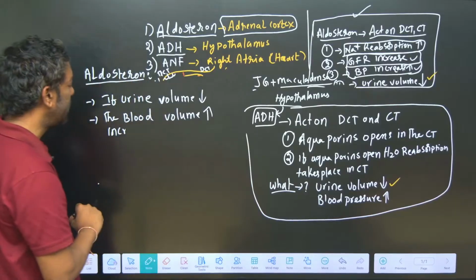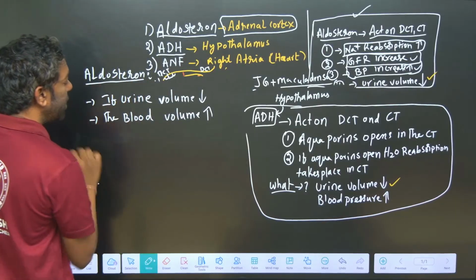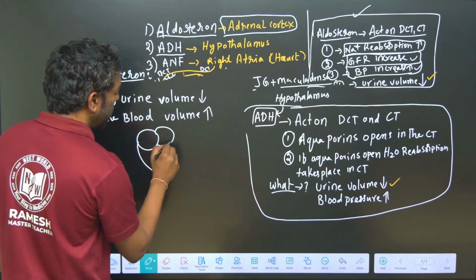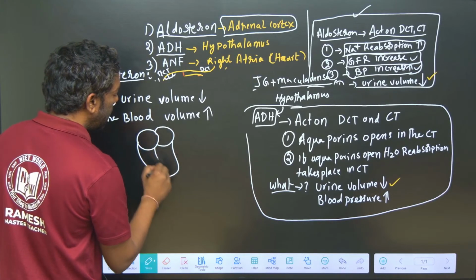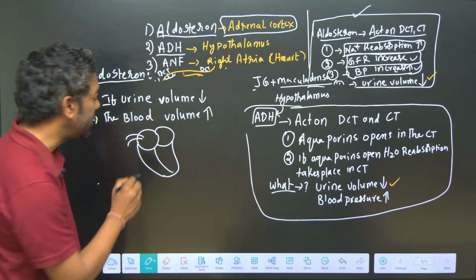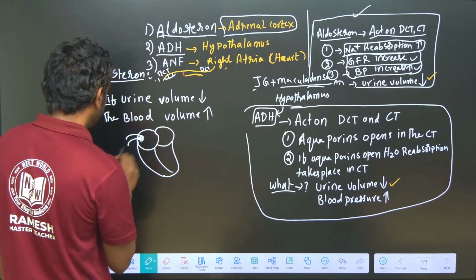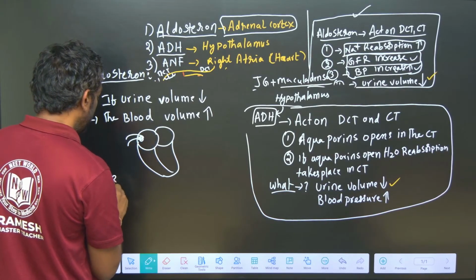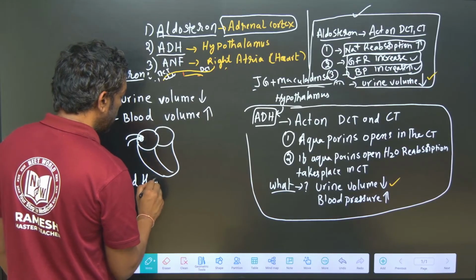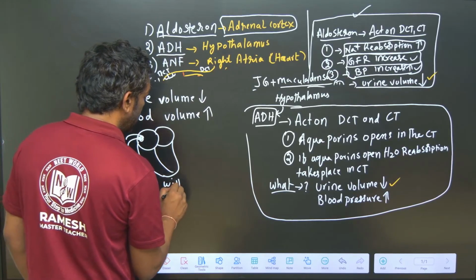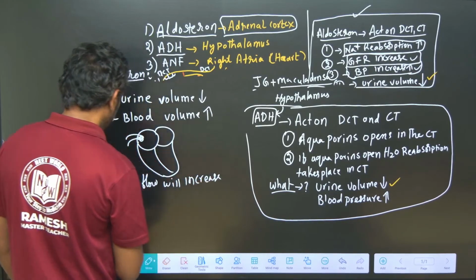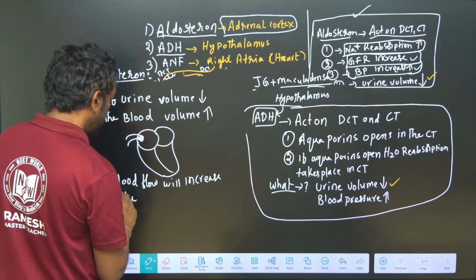If the blood volume increases, in the heart, the blood flow will increase in the right atria.